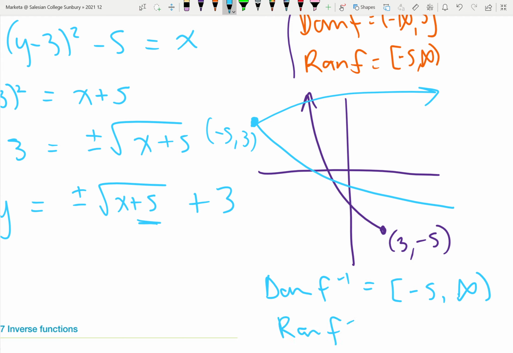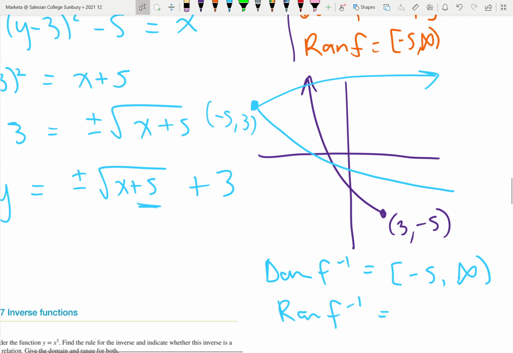The range of f^-1 is going to be the domain of f, and that's negative infinity to 3. And that's helpful because if we're going from negative infinity to 3, it's clear then we've got to use that one, not this one. So let's delete that part.